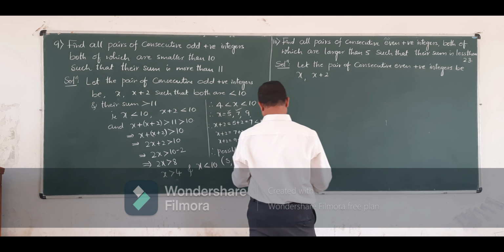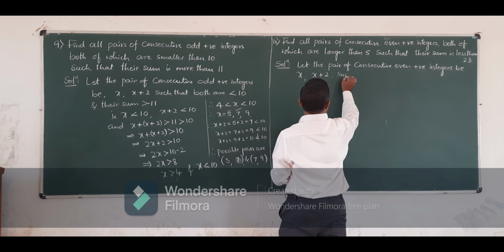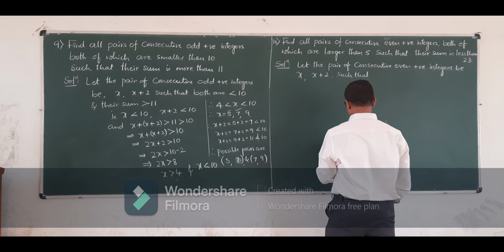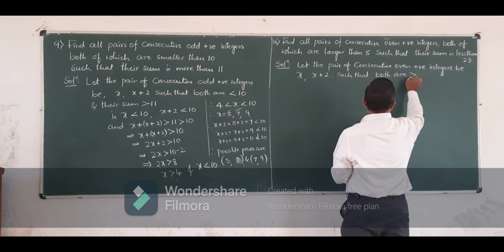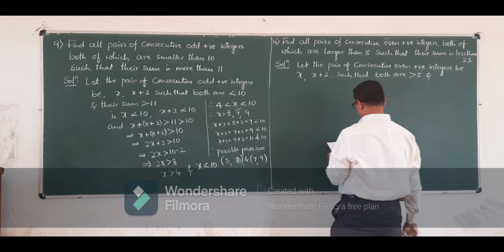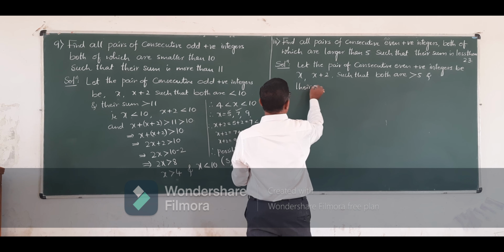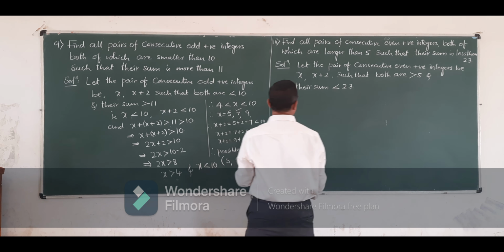Okay. But we put it such that both are more than 5, and their sum is less than 23.